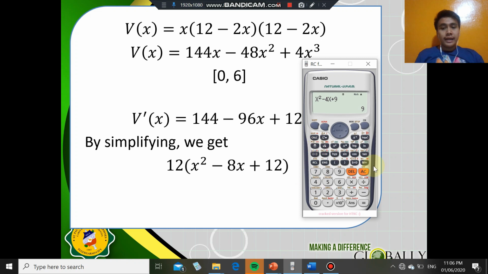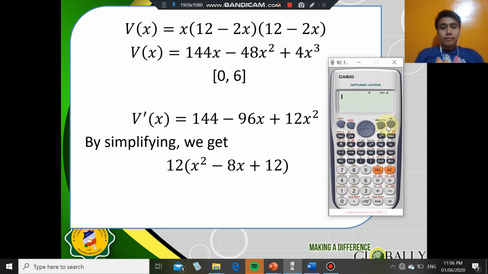So let's press mode, then 5, then 3, then insert 12, equal sign, negative 96, equal sign, and 144, equal sign.